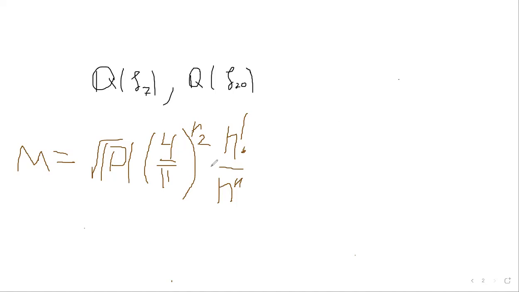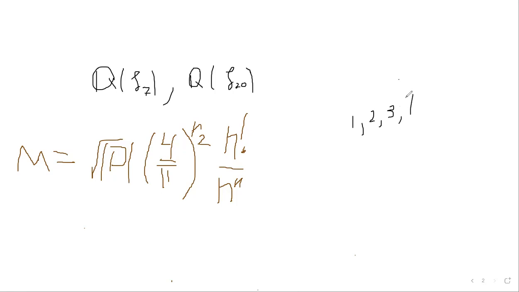So that means that we need to check. Yes, that means that any ideal here contains an ideal of norm 1, 2, 3, or 4, right? Any ideal, not ideal class, just any ideal.